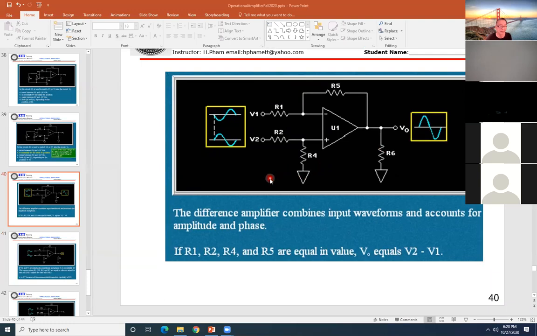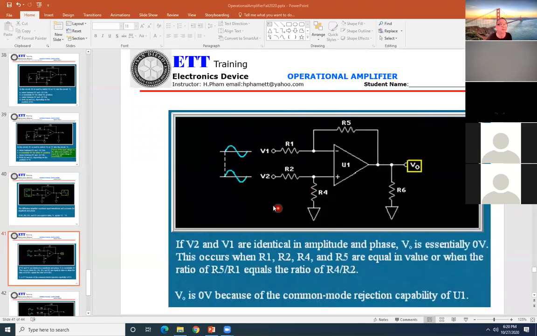I emphasize here, the inputs must be out of phase. If you get the same phase, the output will be 0. If V2 and V1 are identical in amplitude and phase, the output is essentially 0.